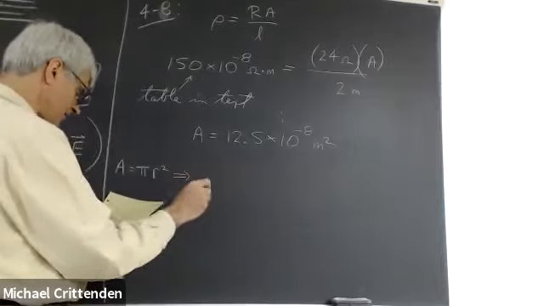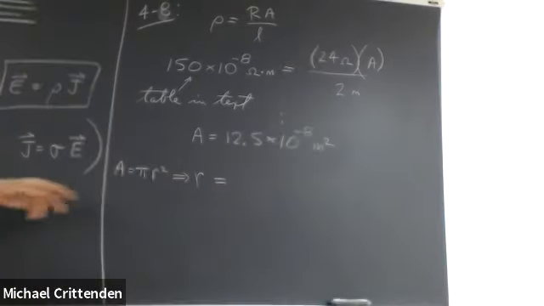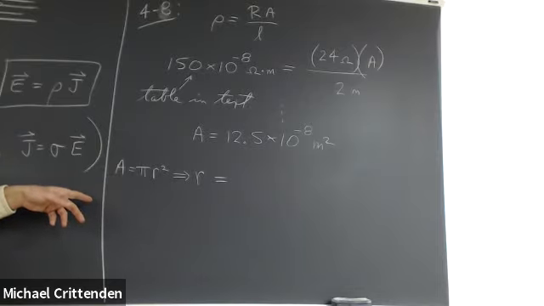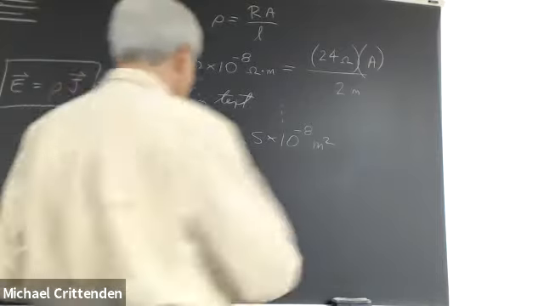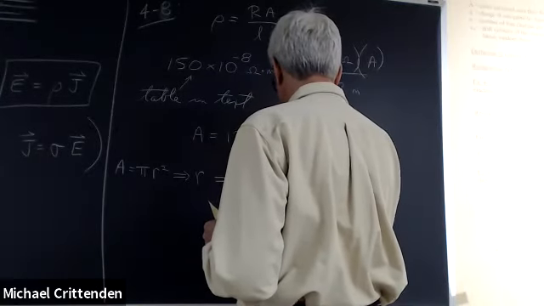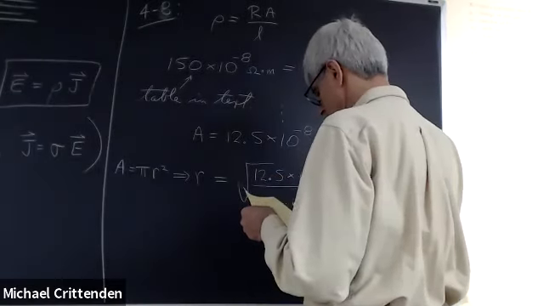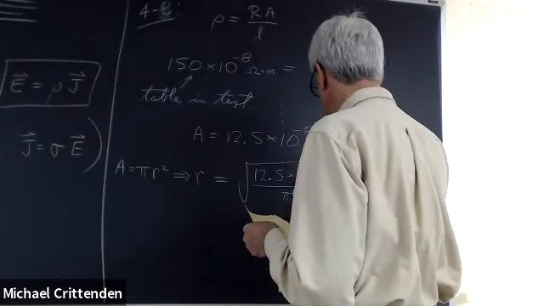From area equals pi r squared, that implies the radius. Well, divide both sides by pi, take the square root of both sides. The radius would be the square root of 12.5 times 10 to the negative 8 over pi.